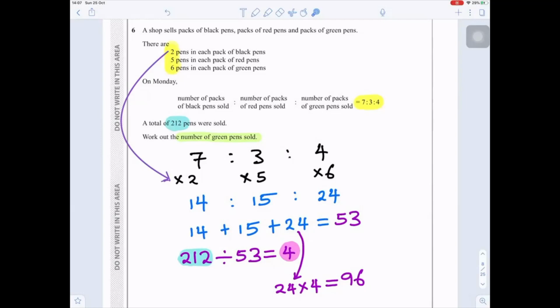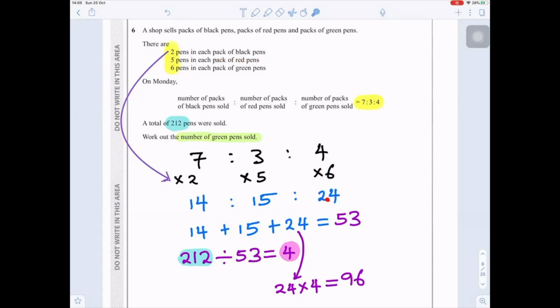So we write it 7:3:4. 7 times 2, because there are 2 pens in each pack of black, is 14. 5 times 3 is 15, because there are 5 pens in each pack of red pens.